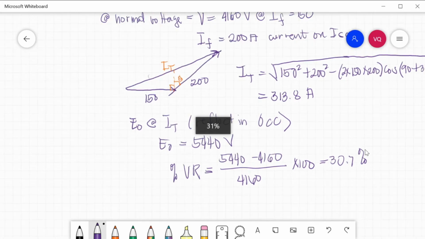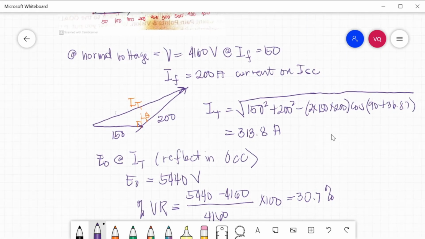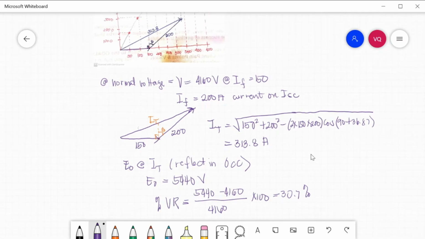So, as you can see, the calculated percent VR in synchronous and in ampere turn are very far apart, or I mean, the gap between them is large. In reality, the actual percent voltage regulation of an alternator has a close value to the Rothert's method or the Ampere turn method.